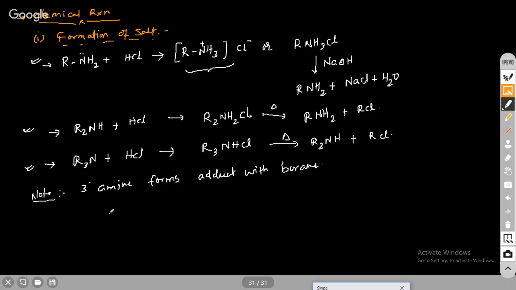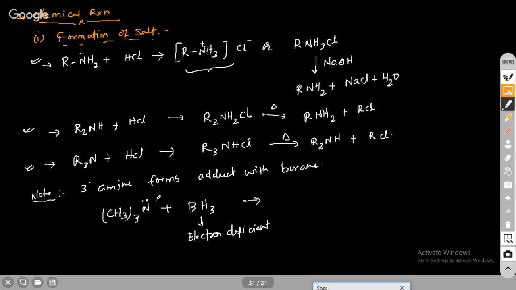3 degree amine is, suppose we have (CH3)3N. When it reacts with borane, BH3, this borane is an electron deficient molecule, right? Boron has, in this state, 6 electrons, hence we call it electron deficient.